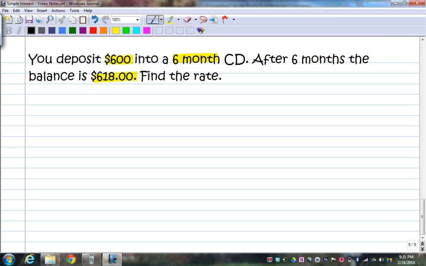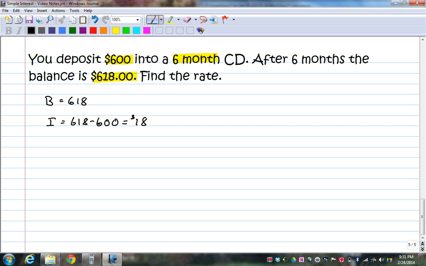All right, well, what we do know is that the balance is $618. The interest is going to be the balance minus the money that you put into it, which is $18. That's how much money you made, because you put in 600 and now it's 618. So that's the interest.